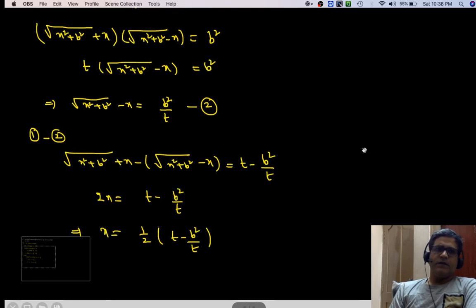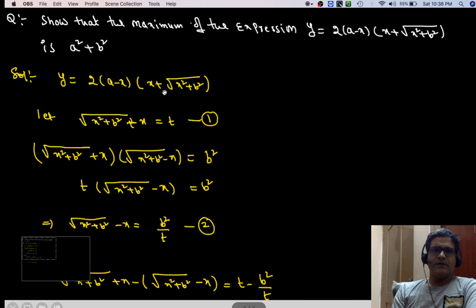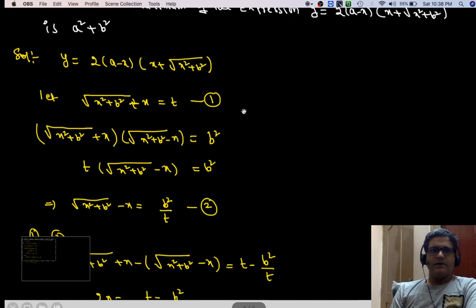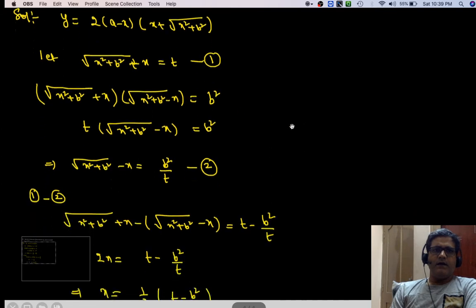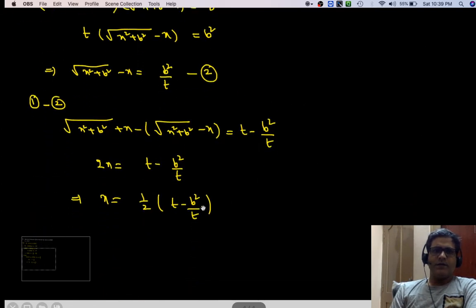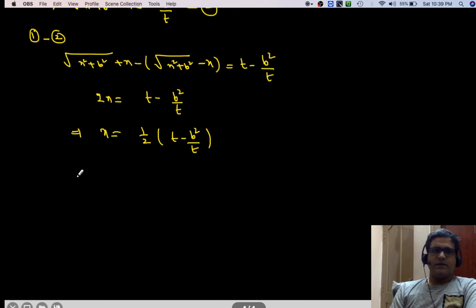So now the given expression is y = 2(a − x)(x + √(x² + b²)). Now convert this in terms of t: replace x + √(x² + b²) by t, and replace x by (1/2)(t − b²/t). With these substitutions, the given expression becomes 2(a − (1/2)(t − b²/t)) into, here x + √(x² + b²) is nothing but t.